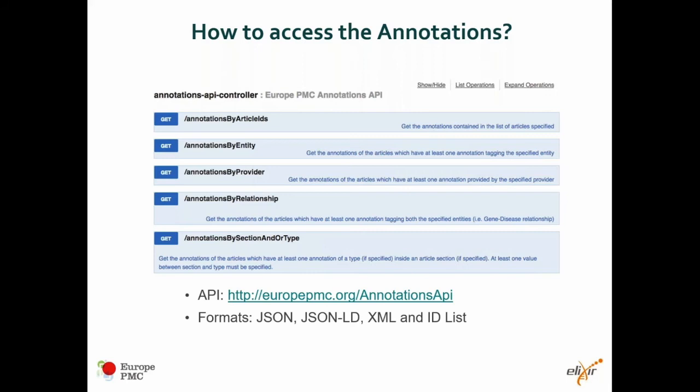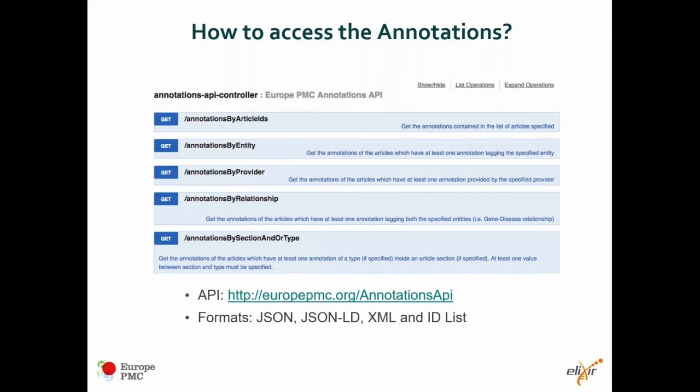And by provider, if you're interested in a specific provider only, you may choose to fetch annotations by provider. And by relation, it also allows you to fetch annotations by relationships. That is, currently we serve gene-disease relationships and gene and protein target relationships.